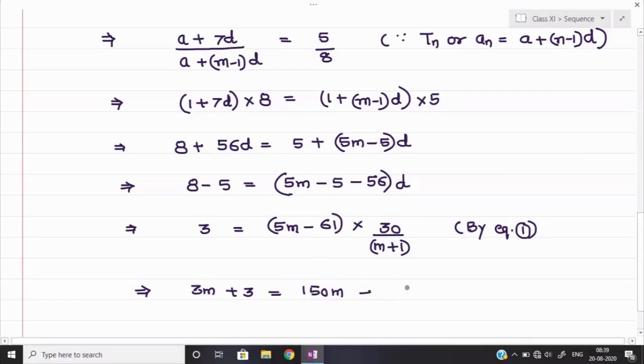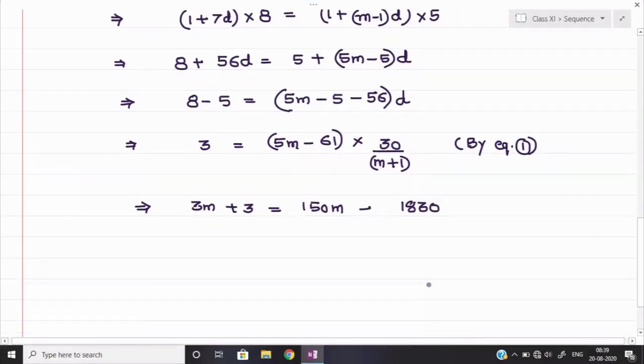So that will be 3 ones are 3 and 6 3s are 18. So this will be 1830 will remain. Now 3m we can bring on this side, and 1830 we can send onto that side. So let us see what is remaining over here. This will be 3 plus 1830 is equal to 150m plus 3m.